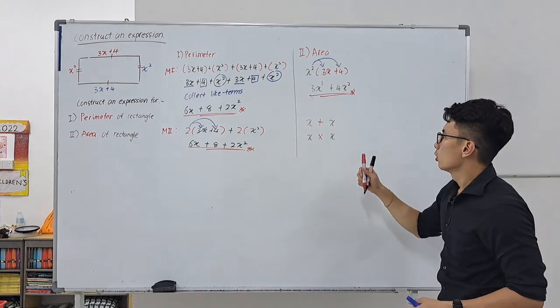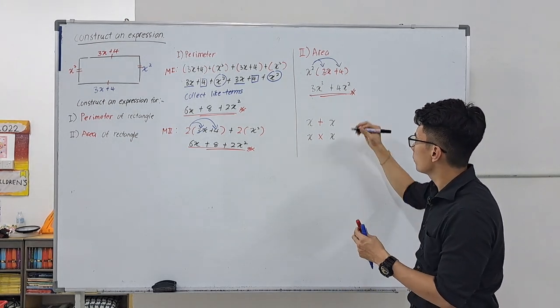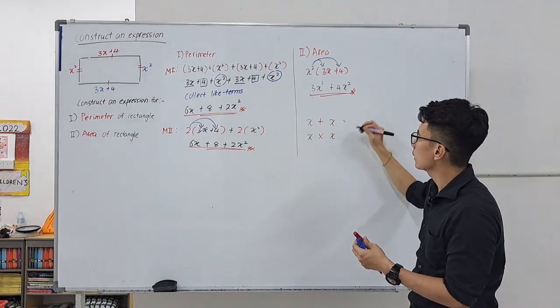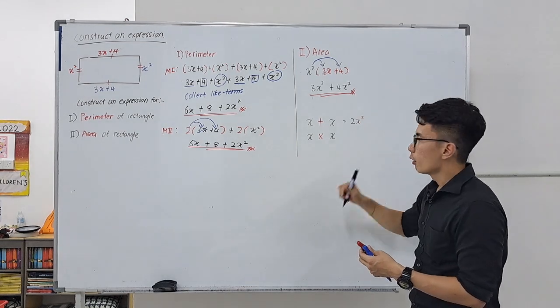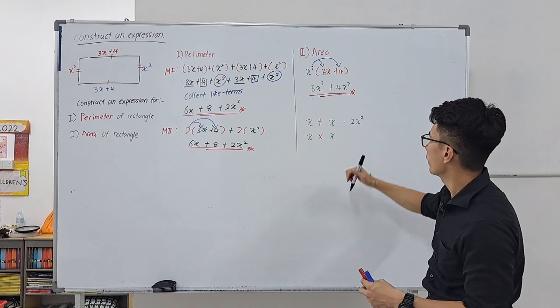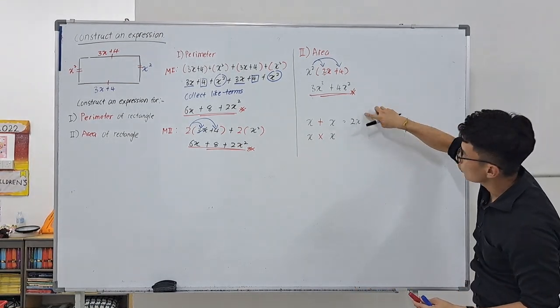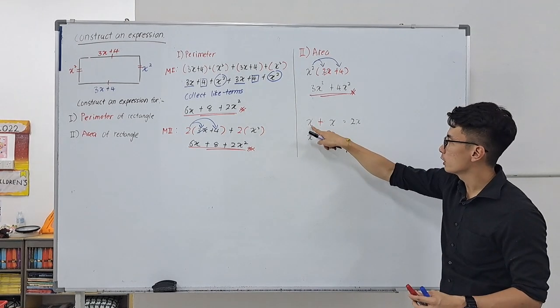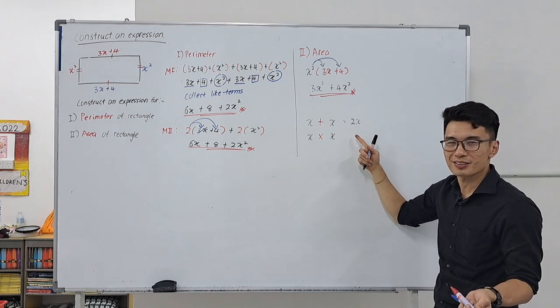A lot of students sometimes give me this answer: x plus x is going to give me 2x squared. However, we know that this is not the correct answer. The correct answer is going to be 2x only.